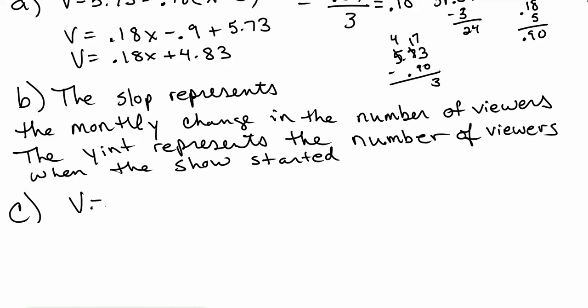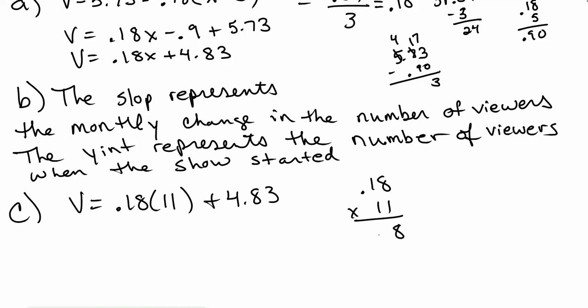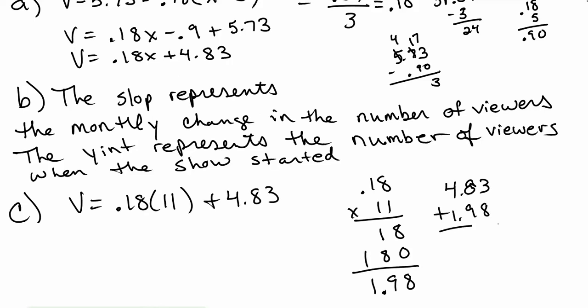So you're going to do V equals 0.18 times 11 plus the 4.83, and so 0.18 times 11, that's 1.98. So you're going to add 4.83 and 1.98, and that's going to be 6.81 million viewers.